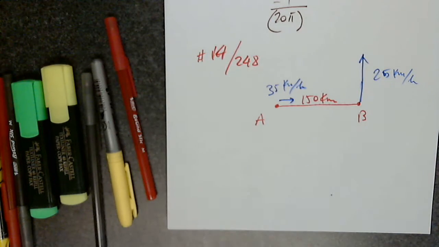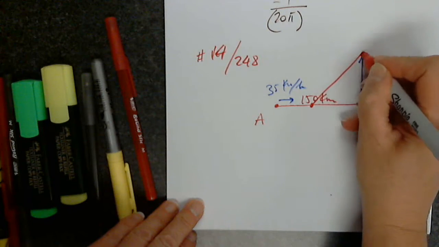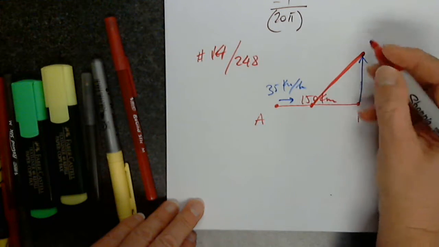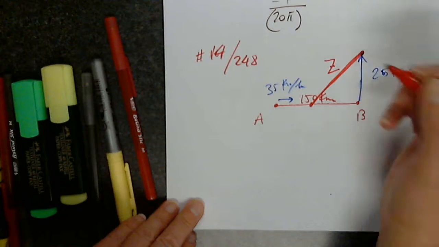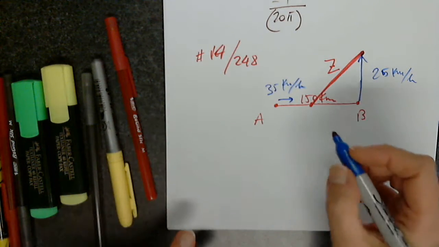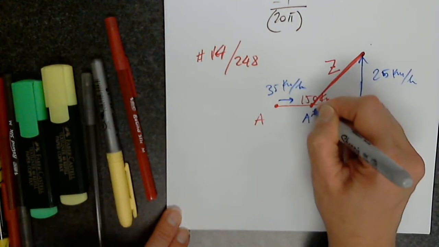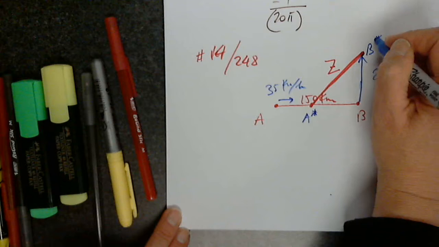And at some point I say, stop. Well, I can't stop them, but I can say, one is here and one is here. So this is the distance. Again, I cannot use D, I have to use Z. So at some point in time, that is the distance between A and B. Okay, so this is A star, or A prime, and this is B star.